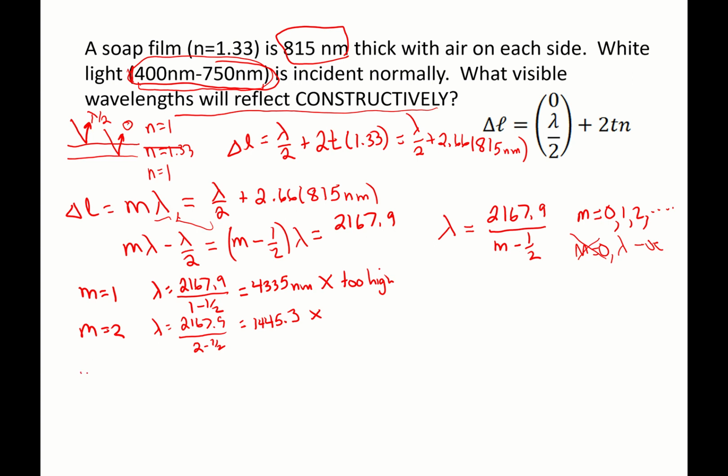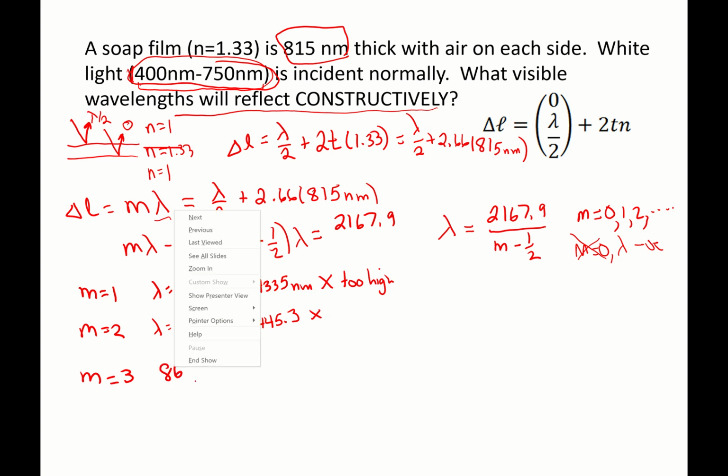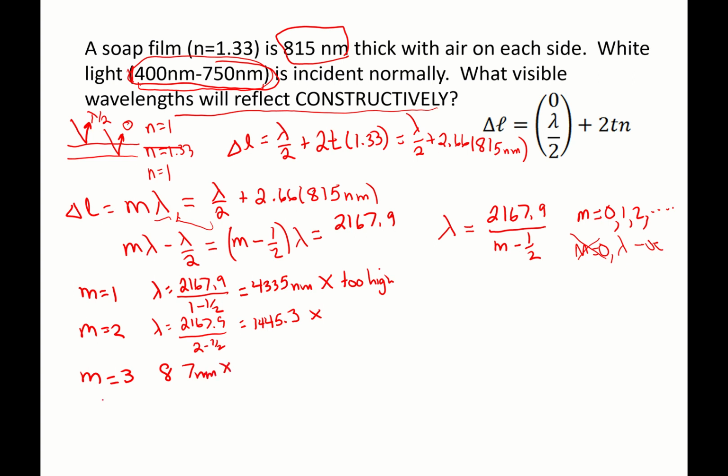And so if I just keep going, and I won't do all the math, m equals 3, I get 867 nanometers. That's too high. m equals 4, I get 619. All right, that's okay. That's in between 400 and 750.